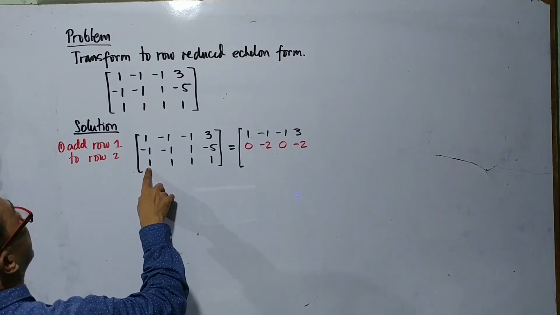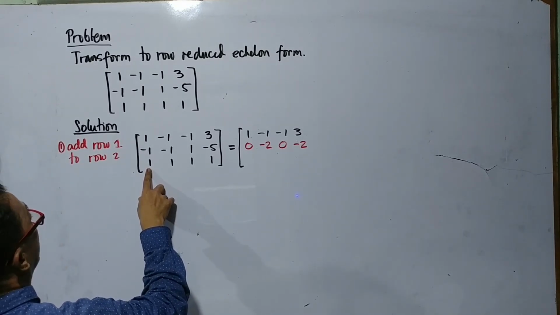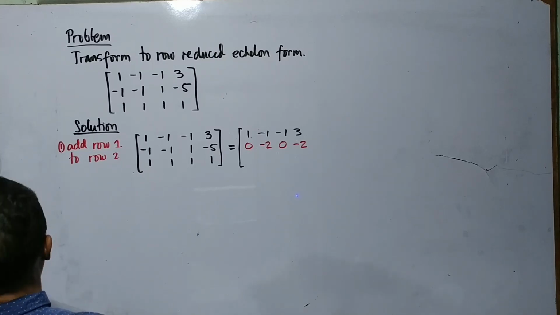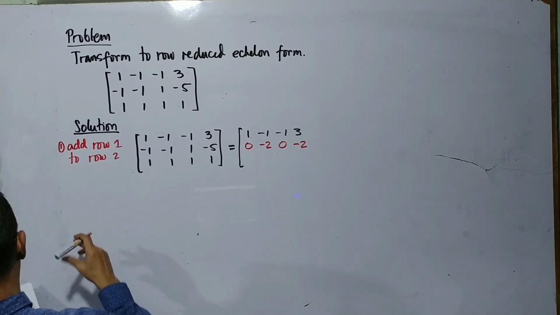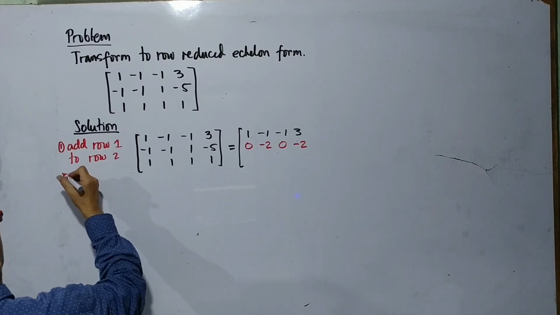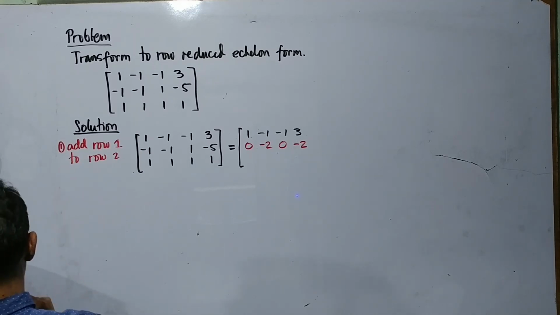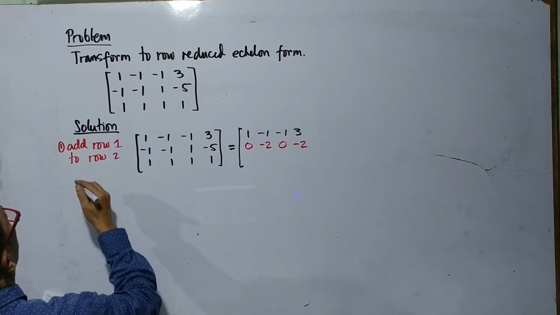We will make this 0 as well. So, we have to multiply row 1 by negative 1, then add row 3.